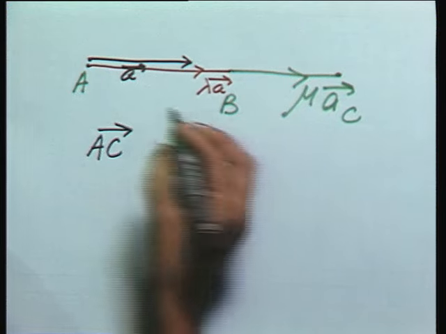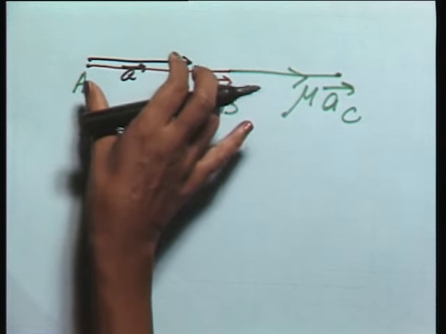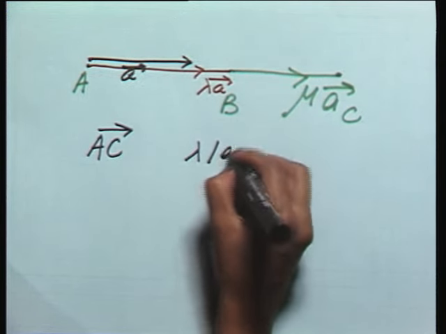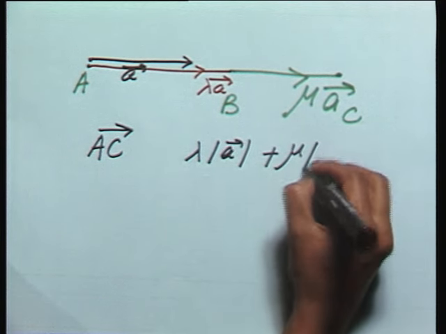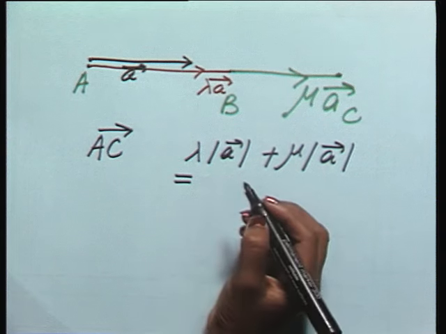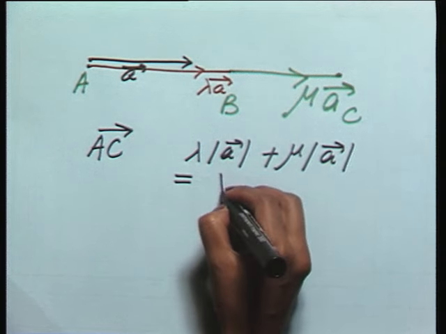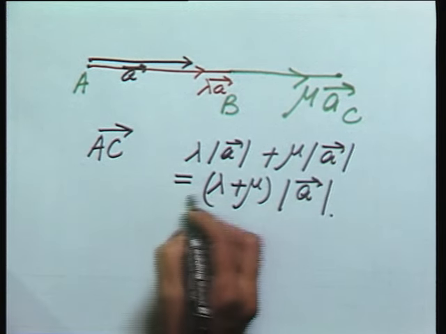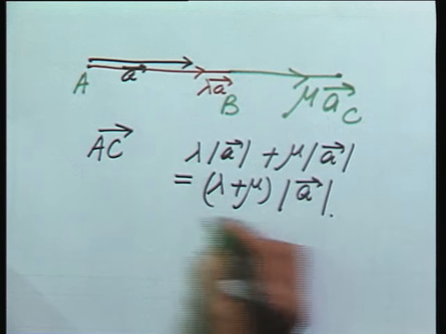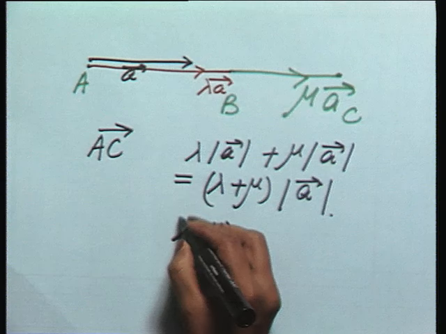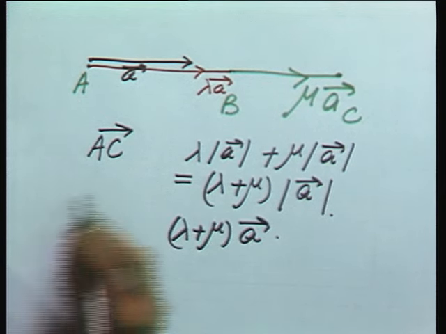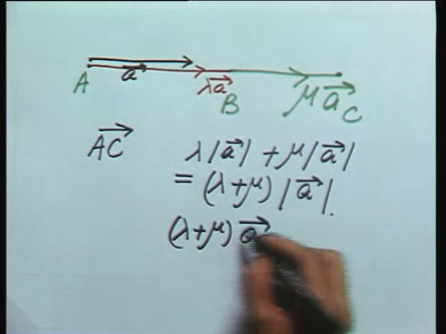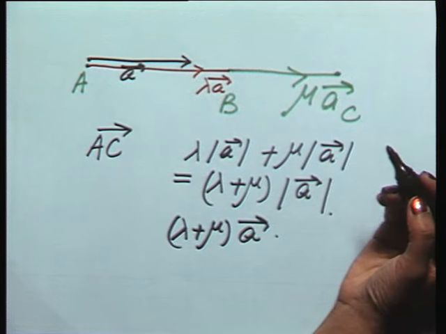It can easily be seen that this vector AC has magnitude equal to the length of AB plus the length of BC, that is lambda times mod A plus mu times mod A, which we know by the same property in ordinary real numbers is equal to (lambda plus mu) times mod of A. And we can see that this is nothing but the magnitude of the vector (lambda plus mu) A. In other words, the magnitude of the vector AC is the same as the magnitude of the vector (lambda plus mu) of A, and the direction, all of you can see, is of course the same.